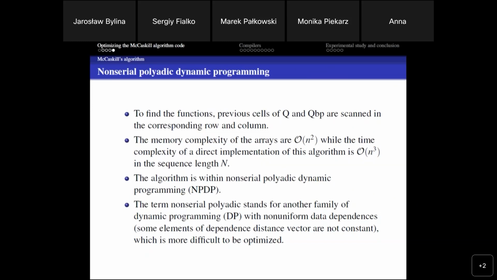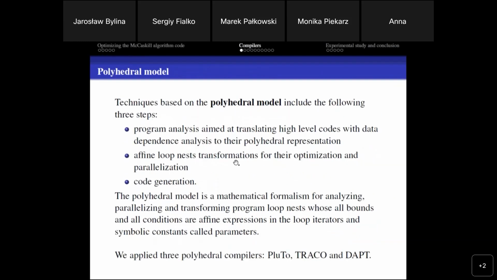So a dependence can have one source and many targets in the arrays. This is problematic for compilers, but still the parallel version can be extracted in an automatic way.